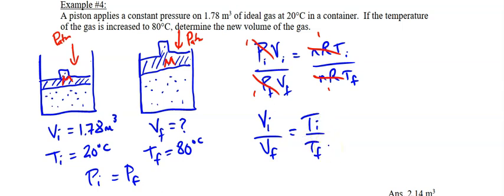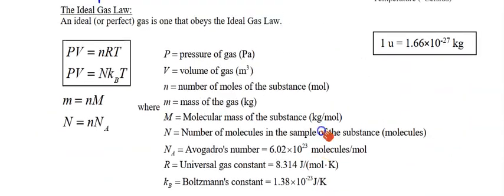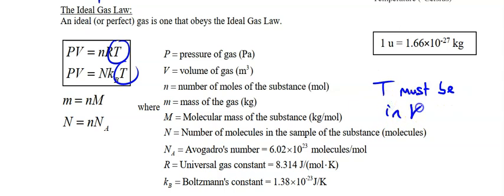Now at this point, people typically make mistakes. You have to remember that when we're using the ideal gas law, your temperature, which I'm not sure if I've listed in here. Actually, funny enough, I didn't. The temperature here and here, that's the most important thing to remember, must be in Kelvin.